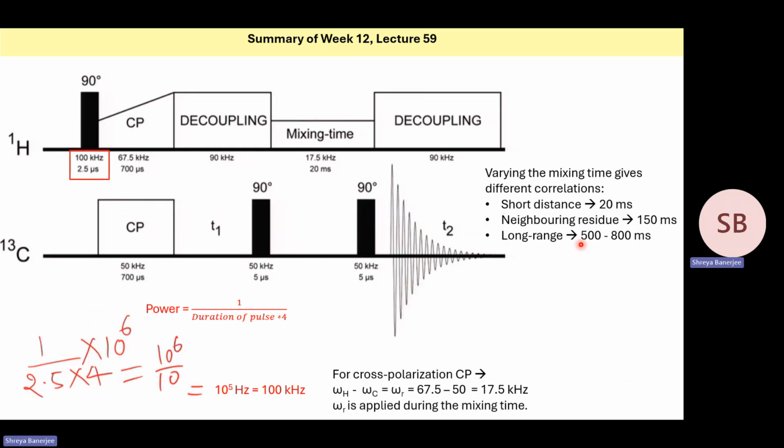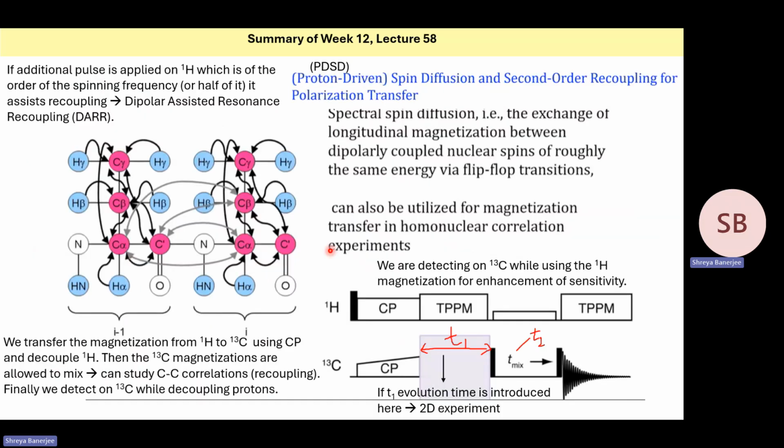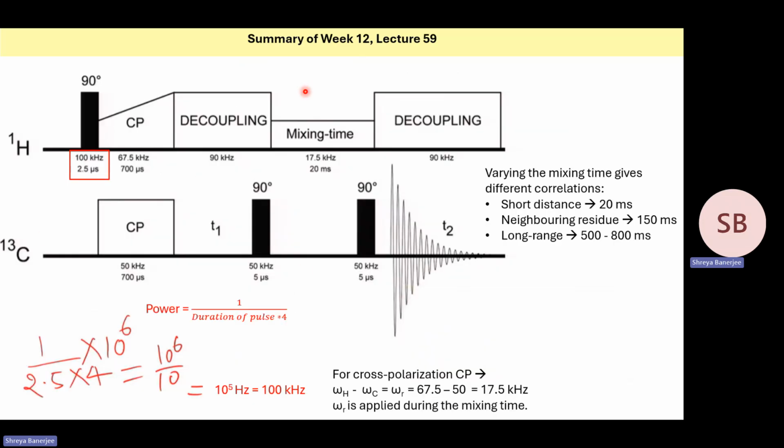And if we give very long range mixing times like 500 to 800 milliseconds, we can get NOSY correlations, that is through amino acids that are not directly connected but are close together in space. We can even get that information by increasing this mixing time.